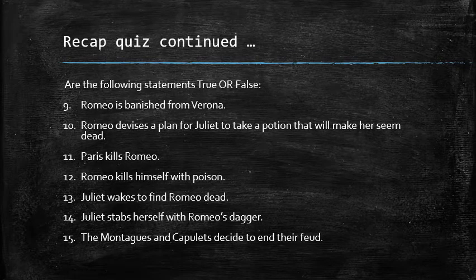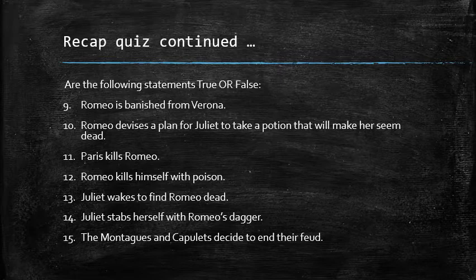Are the following statements true or false? Question 9, Romeo is banished from Verona. Question 10, Romeo devises a plan for Juliet to take a potion that will make her seem dead. Question 11, Paris kills Romeo.